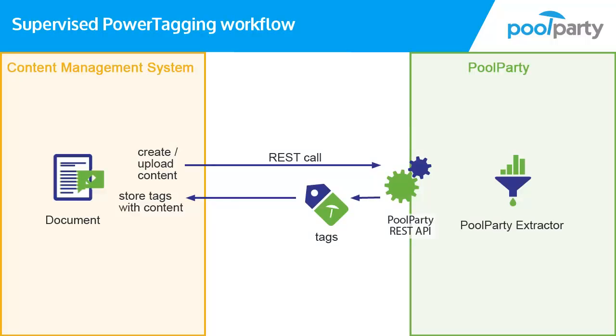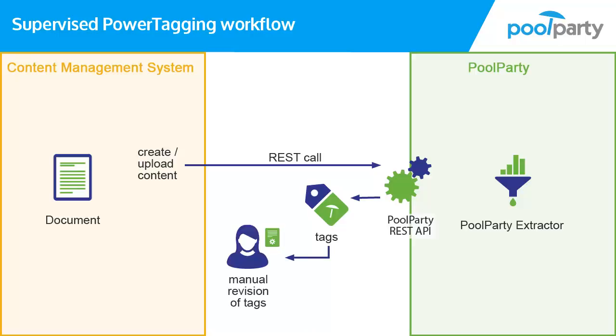If we choose to include a manual curation step of the tags, this would mean that the information that is returned by the PoolParty extractor is not directly stored in your content management system. A person would have to review the tags suggested by the PoolParty extractor before they are stored in your content management system. This would be a semi-automatic or supervised power tagging workflow.